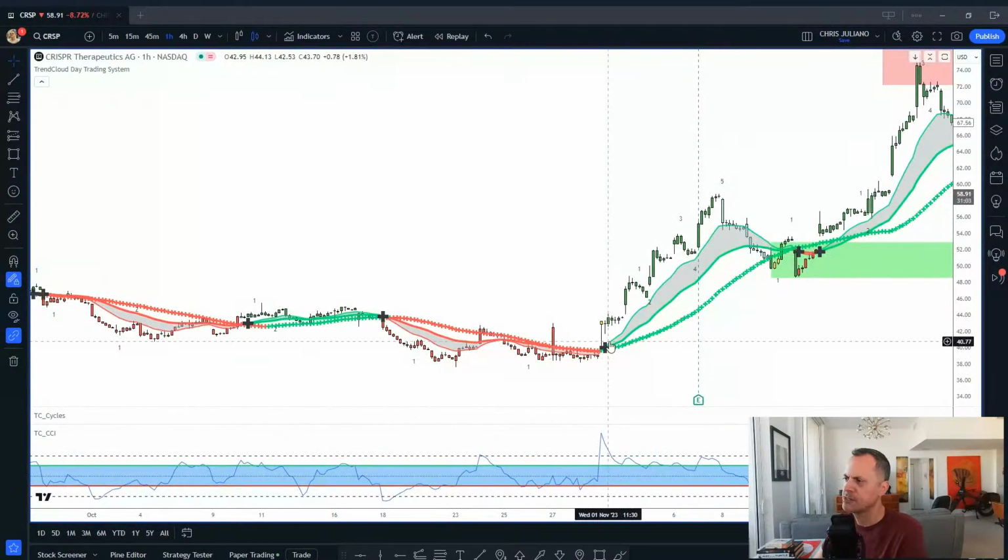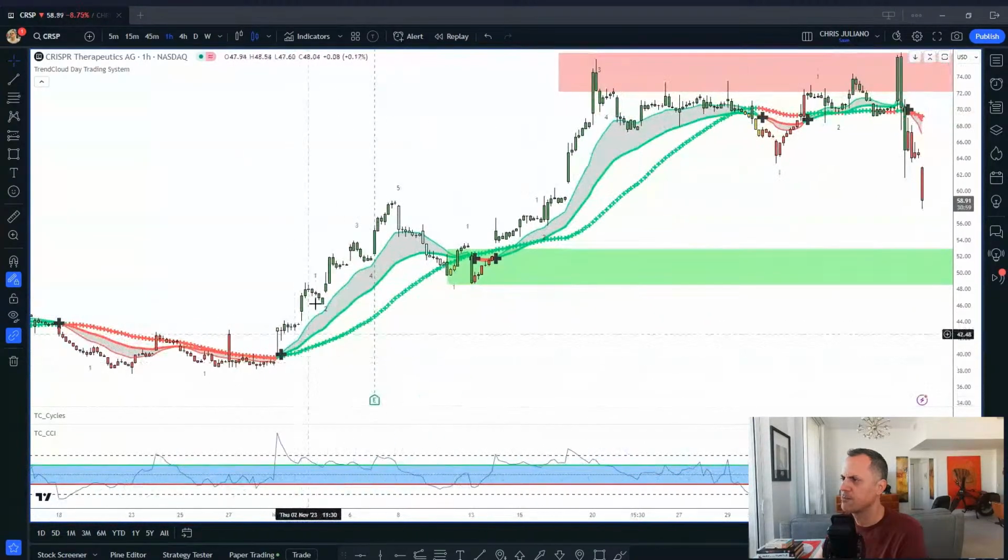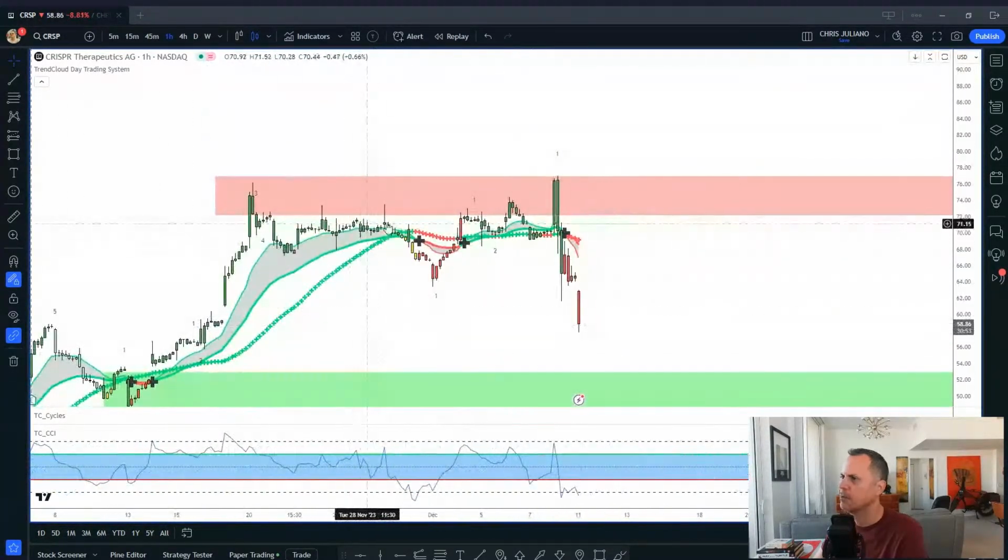Down, down, down, crosses to the upside, accumulate. Buy some more shares. Pulls back, crosses back to the upside, buy more shares. Pulls down, and now we're just going sideways, right? So maybe you accumulated even more here, and it went up, and now it's crashing back down.